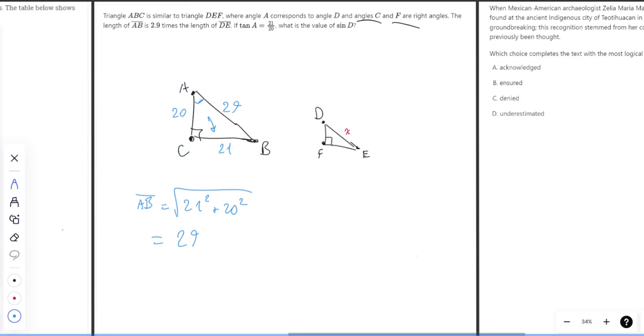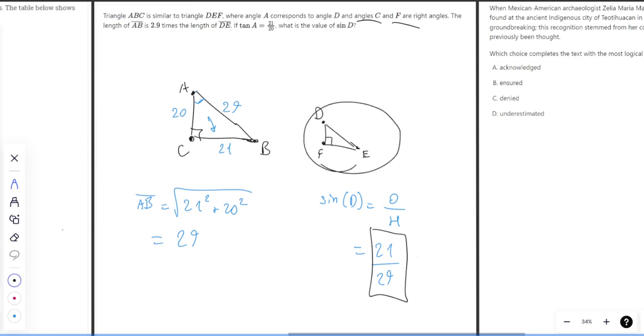If these are the side lengths, this one is just a scaled down version of this, so the ratios of all the side lengths are going to be the same. Then sine of D is going to be the opposite over our hypotenuse. It's just going to be 21 over 29. I don't literally need to scale this, although if I did, this would be 21 over 2.9 and 20 over 2.9.